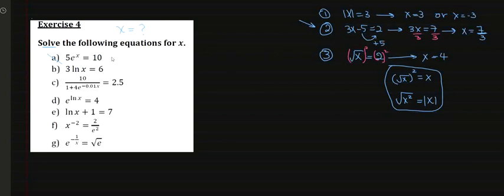We will divide here by 5 first in order to go from the left side, and the right side will be 10 divided by 5, which is 2. Now we have e to the power of x equals 2. Like when we had the square root of x equal 2 here, we did the opposite. So we said that square root of x equal 2 means that x is equal to 4. Here, e to the power of x equal 2 means directly that x is equal to ln 2.